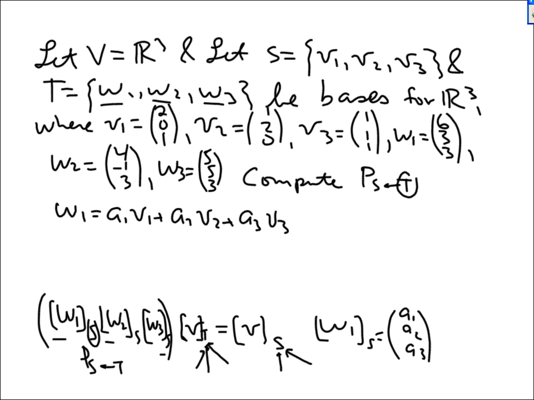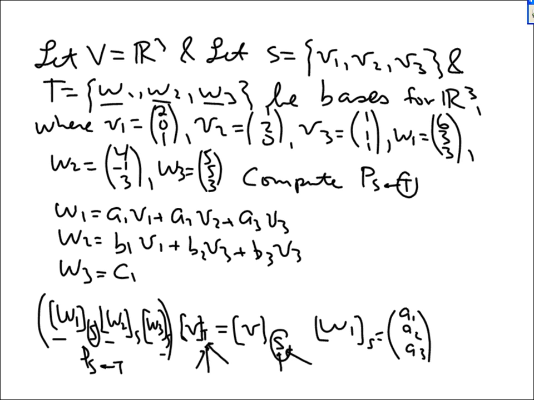And we also want to write W2 as a linear combination of the vectors in S. We'll call the scalars B1, B2, B3. We also want to write W3 as a linear combination of the vectors in S. Should be V sub 2, of course.